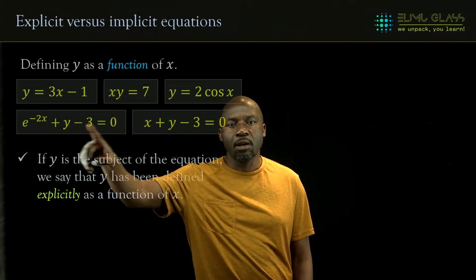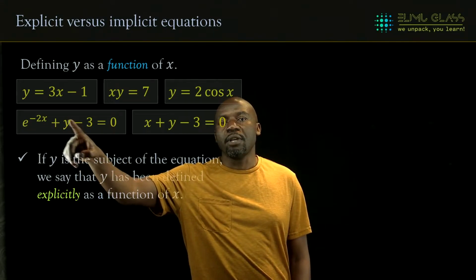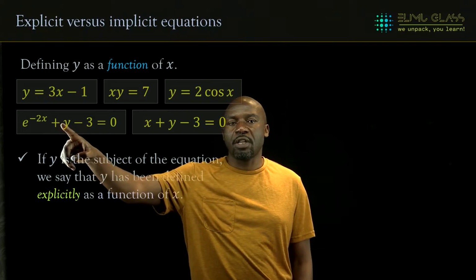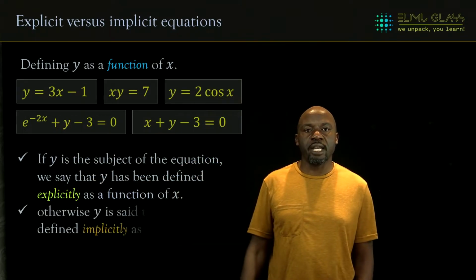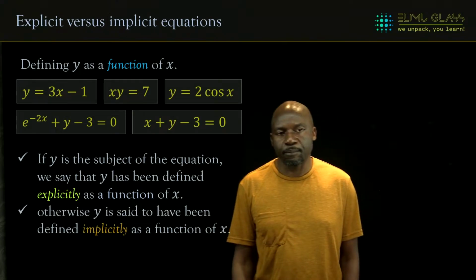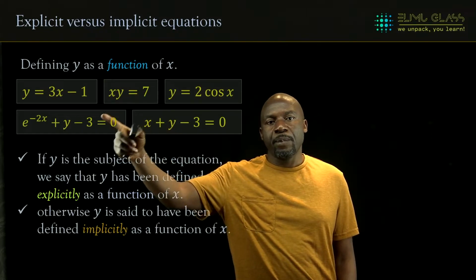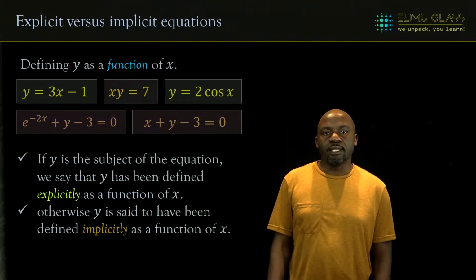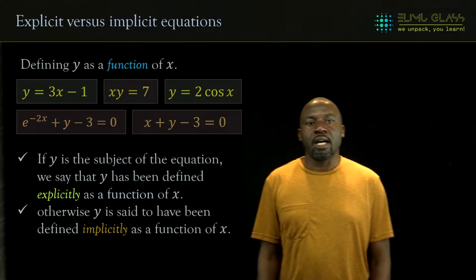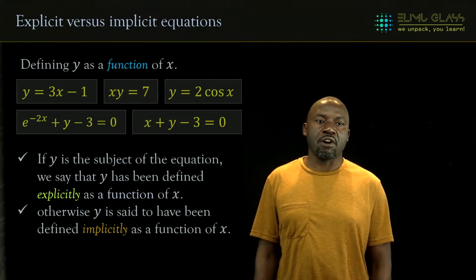In this case, y has still been expressed in terms of x, but because y is not the subject of the formula, we say that the value of y has been expressed implicitly. Okay, so in the second equation there, the fourth equation and the fifth equation, we say that the value of y has been defined implicitly as a function of x.